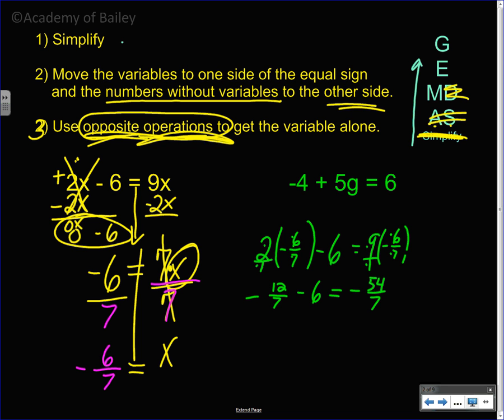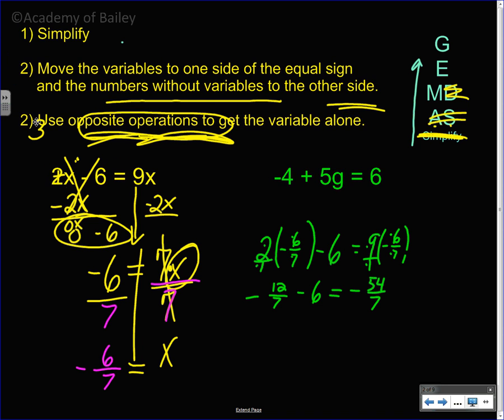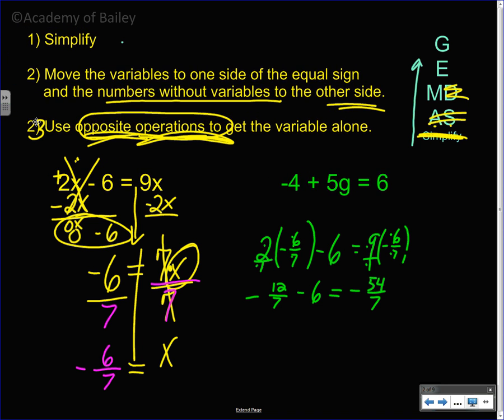Now we're looking at the left side. We have negative 12 over 7 minus 6. Well, we have to have common denominators here.